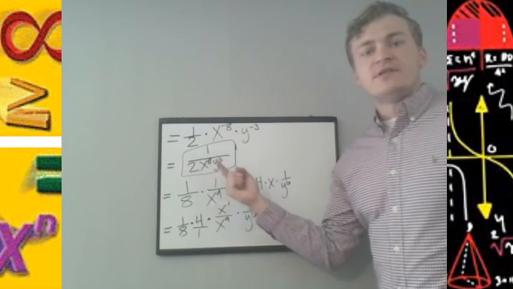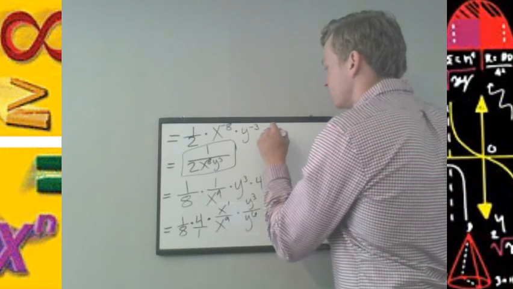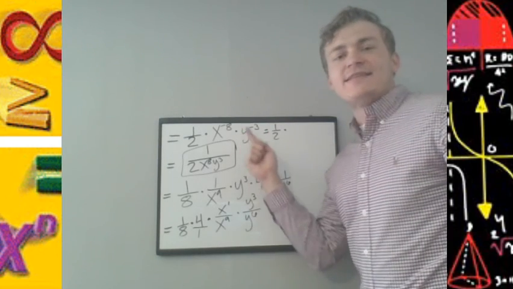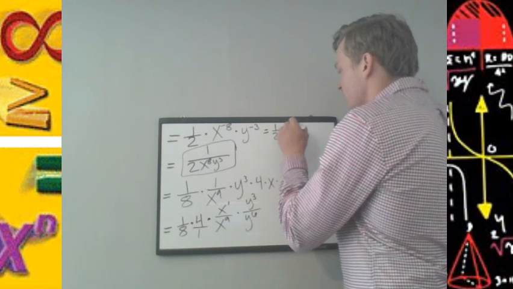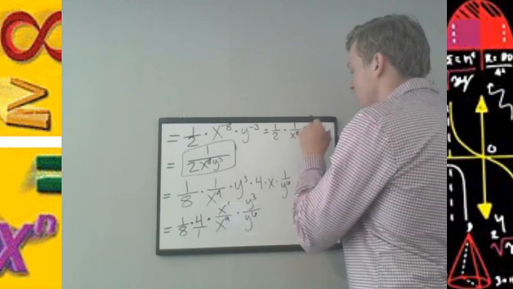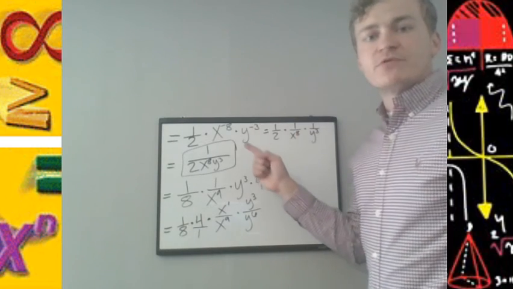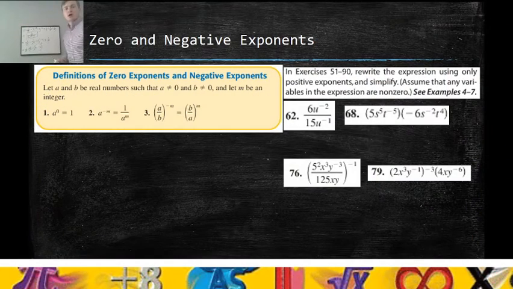How else could we have come to this conclusion? Let's use the exact definition. X to the -8 is defined to be 1 over x to the 8th. Y to the -3 is 1 divided by y cubed, according to our rule here, property 2. We're using property 2 to rewrite x to the -8 and y to the -3.